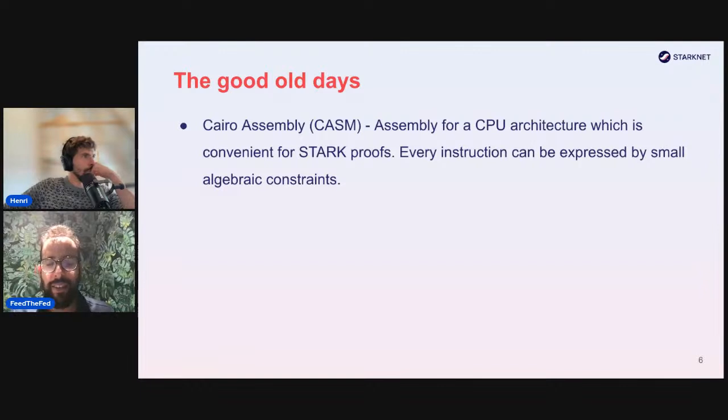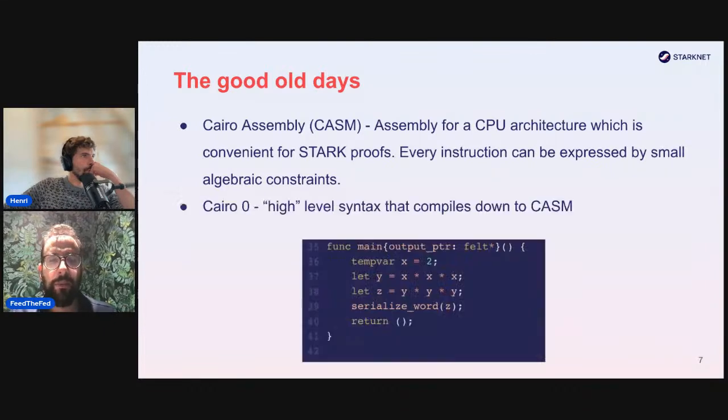You only had something like 4 different types of instructions, but that's the Cairo assembly. After that, you had a high-level language that compiles down to it, so it can be funny to call Cairo 0 high level, but you could write in it and it didn't feel like you're writing assembly, and people wrote pretty sophisticated things with Cairo 0.